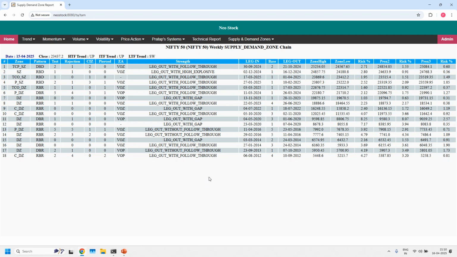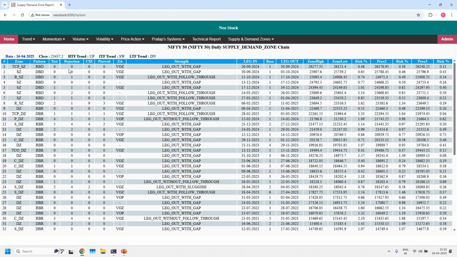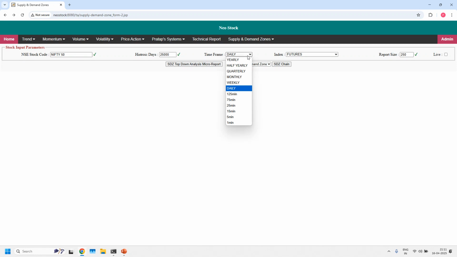Okay. Next, generating daily supply demand zone chain. See, daily it is showing today's timestamp. Okay, next, generating 125 minute supply demand zone chain.